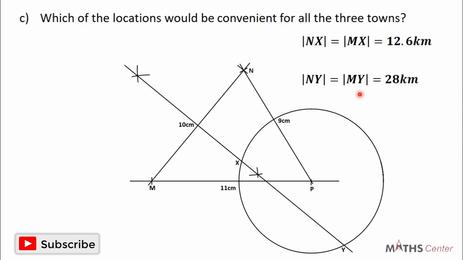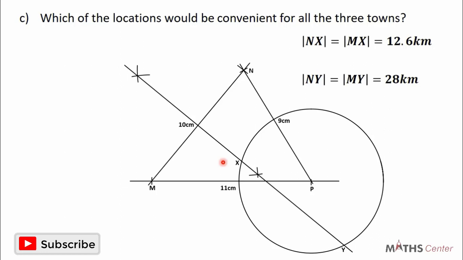What this means is that if we select point X as the location for the market, traders from town N and town M will travel 12.6 kilometers to reach the market. But if we select point Y as the location for the market, traders from town N and town M will have to travel 28 kilometers to reach the market.